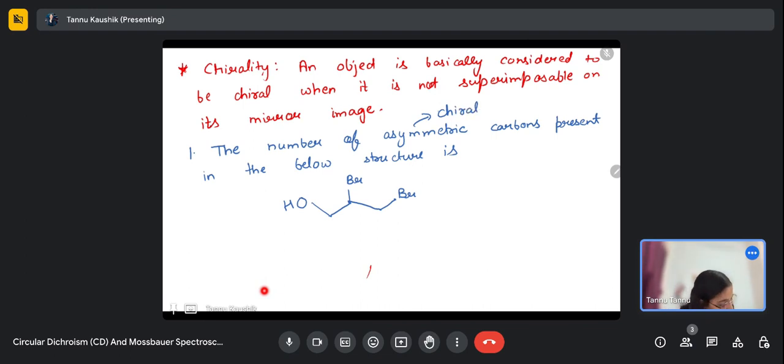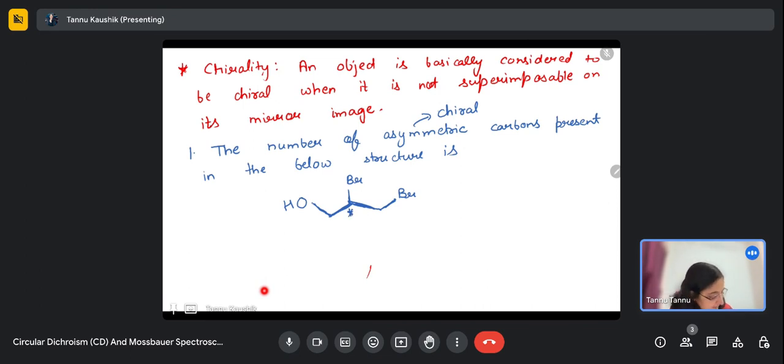So, Anita, can you tell me how many chiral carbons are present in this structure? Because you are the only student, I want it to be a bit interactive. Only one, ma'am. Okay, right. So, which one is that? The second carbon atom. This one, right. Very good.